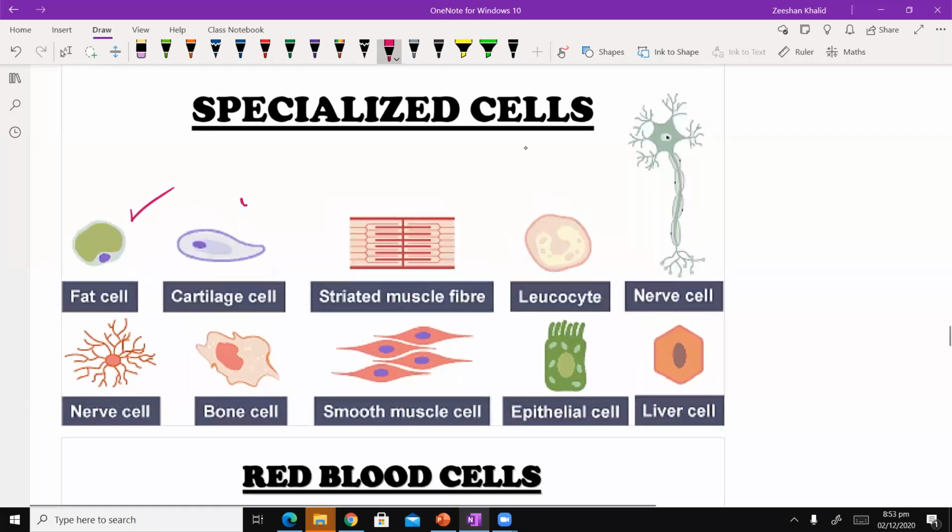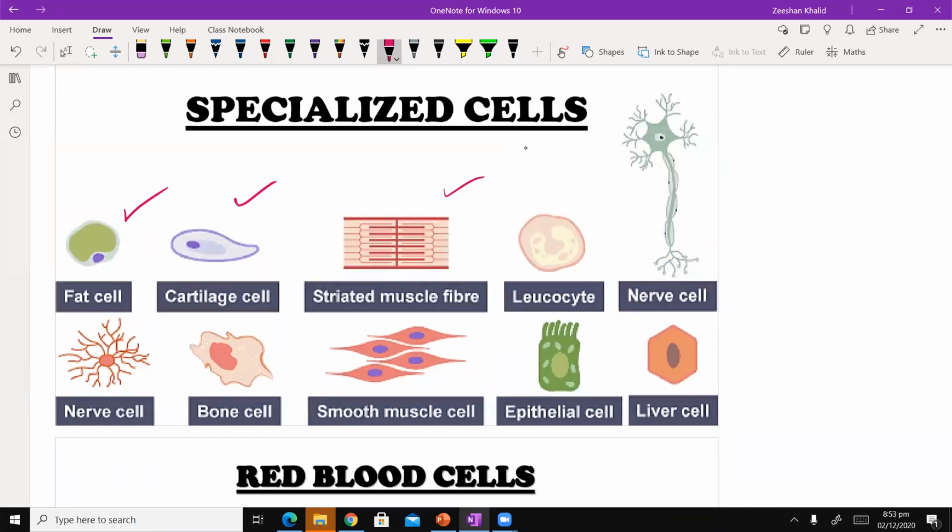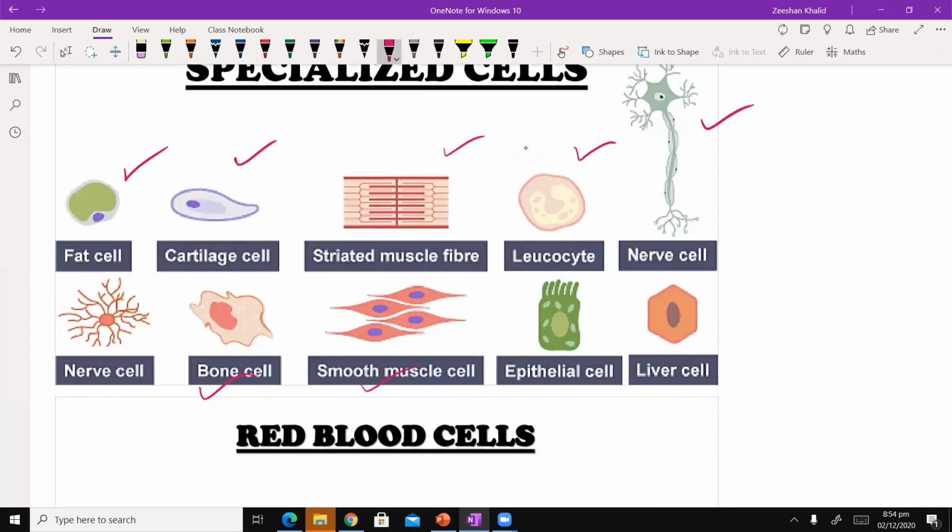Anyhow, you have the cartilage cell, and you have the muscle cell, which is specialized for contraction. Then you have the white blood cell, which is fighting, which is basically a very strong part of your immune system. And I don't, of course, need to go into details of what the immune system is. COVID has added so much to your information about the immune system generally. Then you have the nerve cell, which carries the nerve impulses, the bone cell, the epithelial cell, and the liver cell.